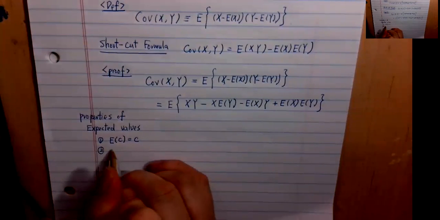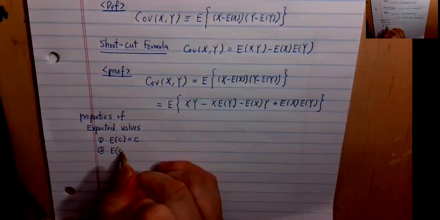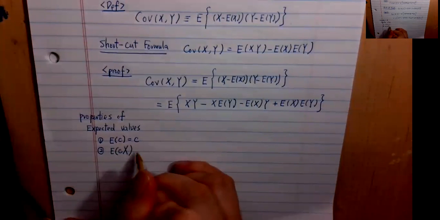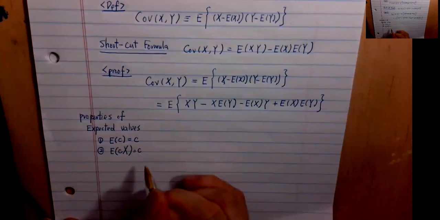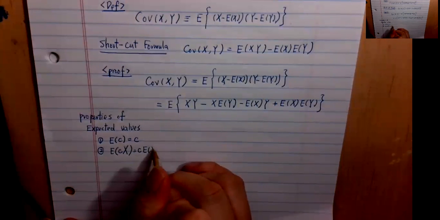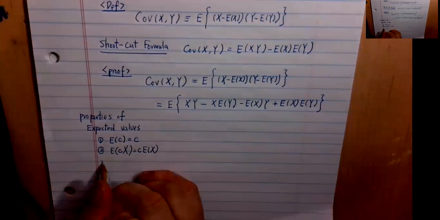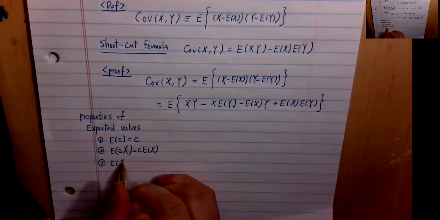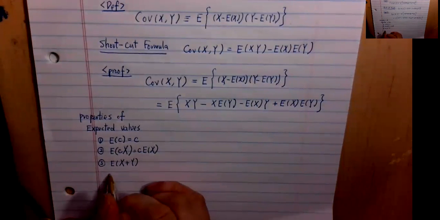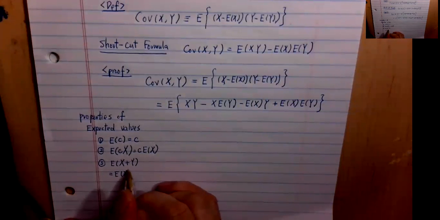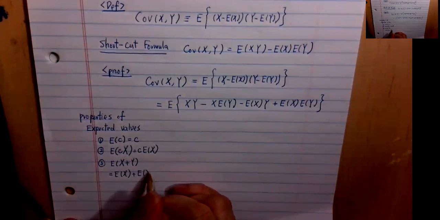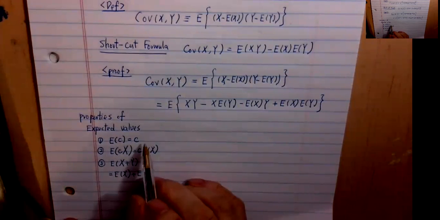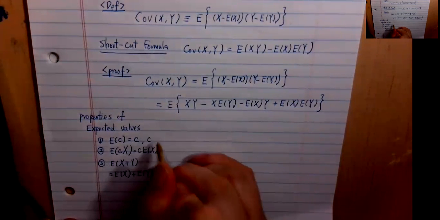Second one, expected value of a constant times a random variable X gives the constant times the expected value of the random variable. And the third, expected value of X plus Y is EX plus EY. Okay? In this expression, C is what? C is a constant.